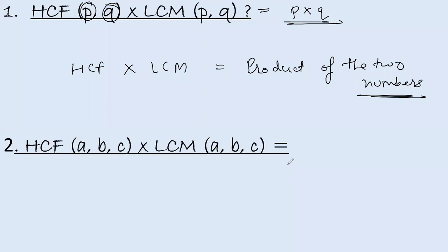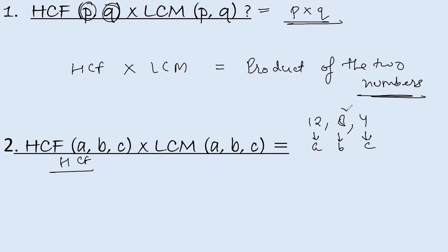Now if you take three numbers A, B, C, what is the multiplication of their HCF and LCM? Everyone, please understand. Suppose we are taking three numbers, 12, 8, 4. So 12 is A, 8 is B, and 4 is C. First we will find the HCF using Euclid's division algorithm.